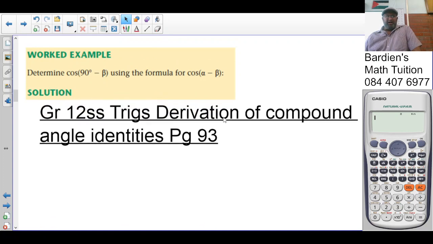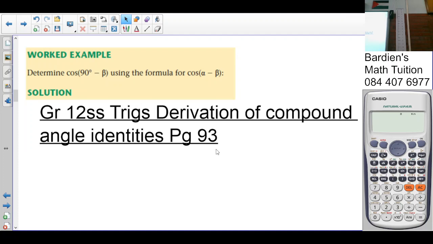However, if you want that, the proof of cos alpha minus beta on page 92 is written out nicely there. Otherwise, it's explained in last year's lesson. You will find that in the description box below.